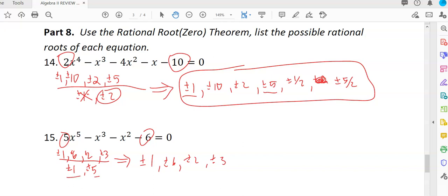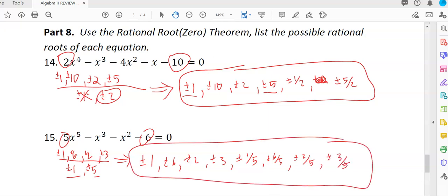Now we do out of 5, so denominator 5 would be plus or minus 1/5, plus or minus 6/5, plus or minus 2/5, and plus or minus 3/5. Doesn't have to be in that order, but you got it.